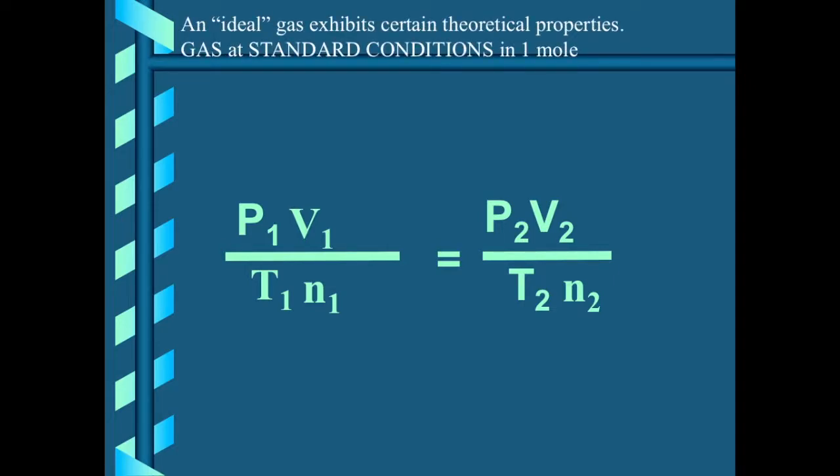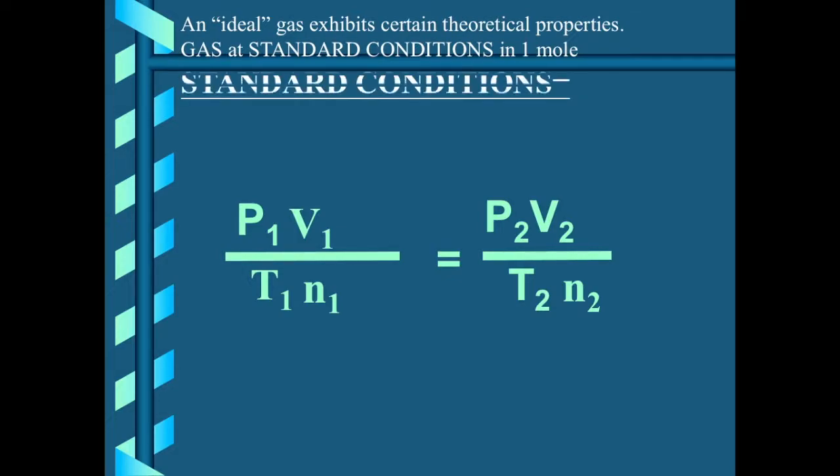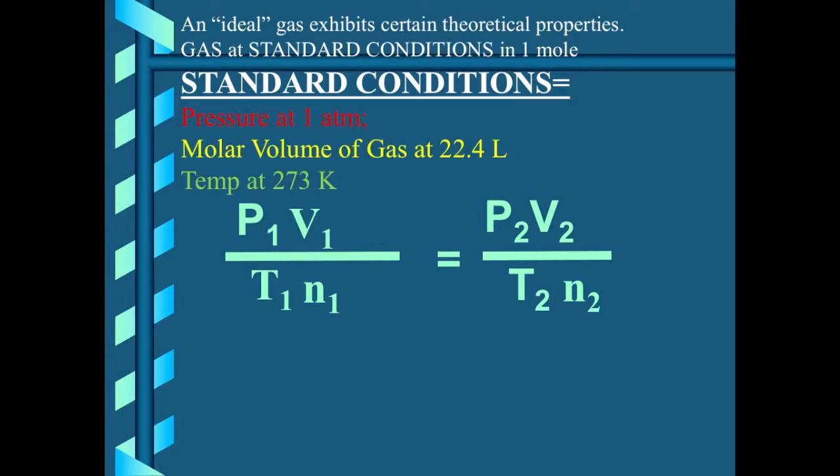An ideal gas is at standard condition in 1 mole. Therefore, at STP, the pressure is 1 atm, the molar volume of a gas is 22.4 liters, and the temperature is 273 Kelvin.